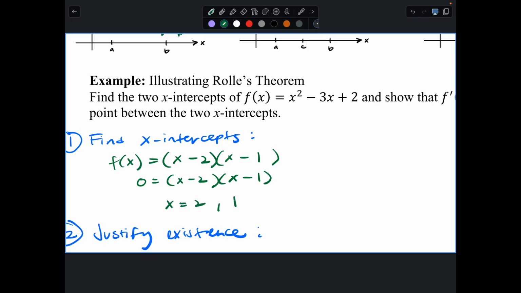Those would be the zeros of the function, which would correspond to the two x-intercepts, (2, 0) and (1, 0). Is everyone with me to here? Yes. So the interval that we are going to be considering for identifying a potential point where the slope of the tangent line would be 0, the interval that we will be talking about will be what? 1 to 2, right? Because the function values are going to be equal at those endpoints.